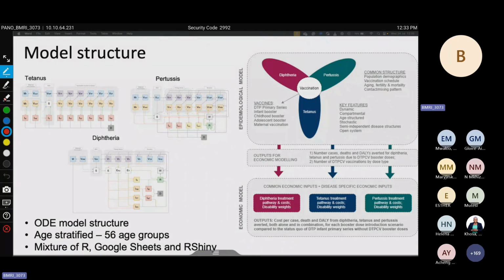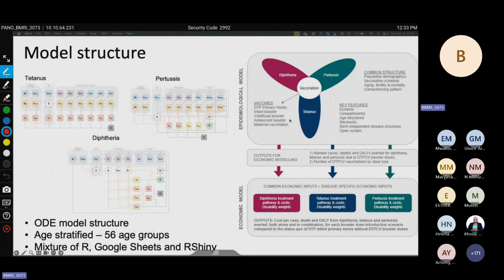So you can see here we've got 3 different types of models for 3 different diseases: tetanus, pertussis, diphtheria, and it is a compartmental model structure which is quite suitable for these 3 diseases. And it's age stratified into 56 groups. So you can imagine each of these structures replicated 56 times for 56 age groups. And what you can see here are the key features of the model, that they include all the different types of vaccines.